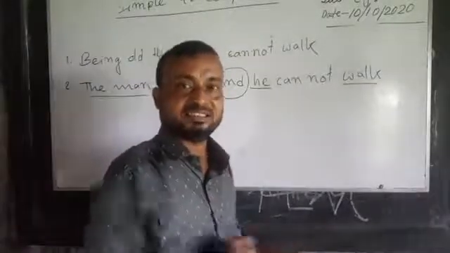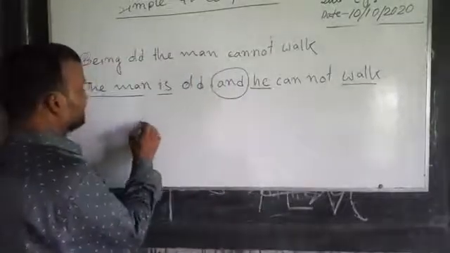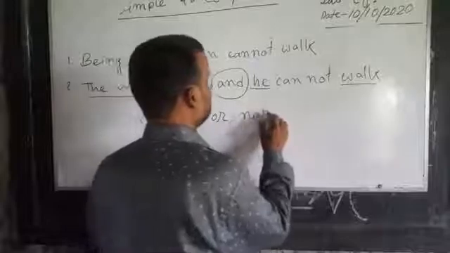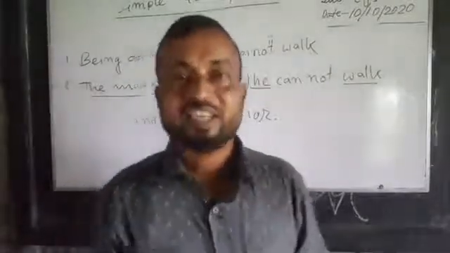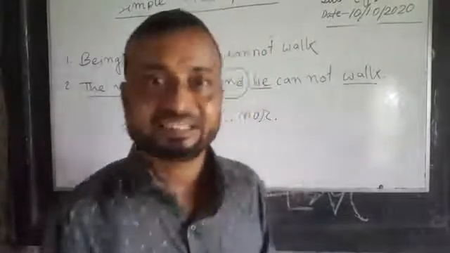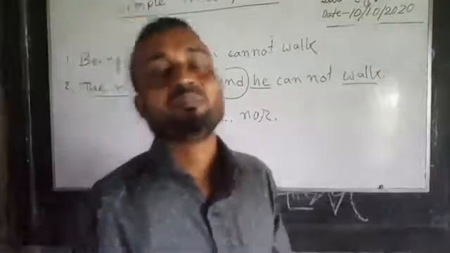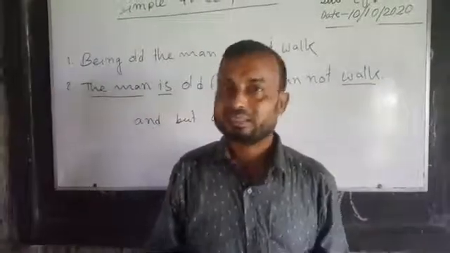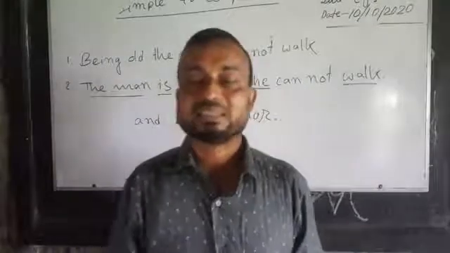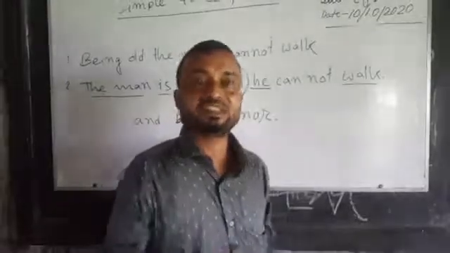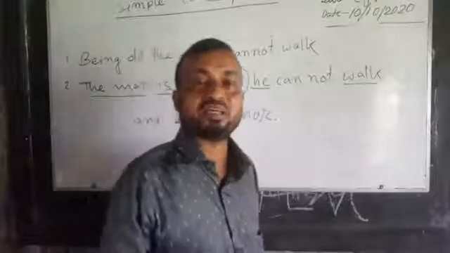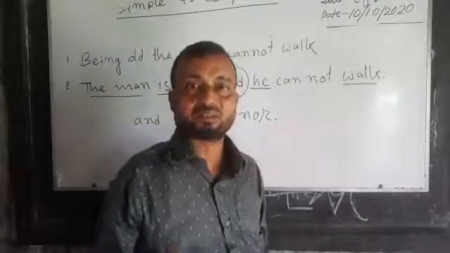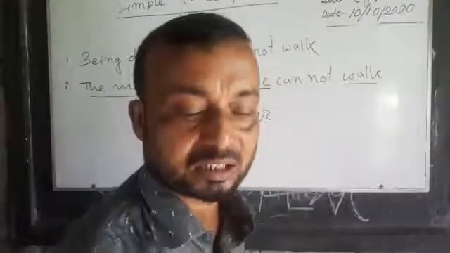For connecting this kind of sentences, we use conjunctions like: and, but, or, nor, either or, neither nor, not only but also, etc. In some of the previous classes we discussed the classification of conjunctions or connectors, and I gave you the list of subordinating and coordinating conjunctions. In compound sentences we will use the coordinating conjunction to connect the clauses.